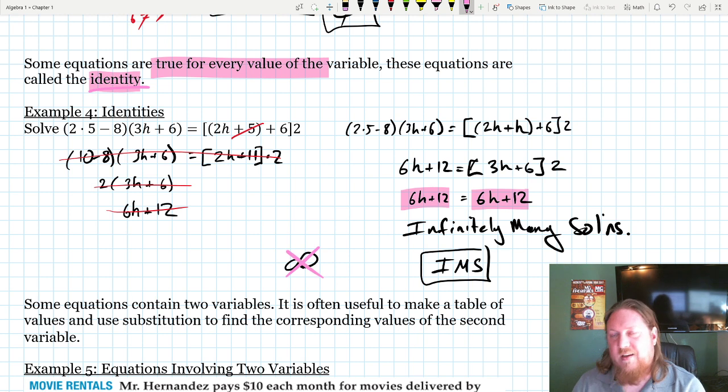So there's really not a nice way to write it down. Maybe if you wrote it in set notation, like if you wrote the solution set is infinity, but that's cumbersome. IMS for infinitely many solutions works just fine. All right, next video, more examples.